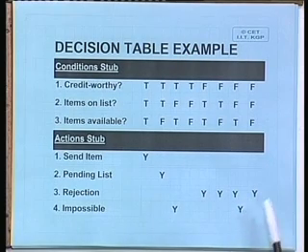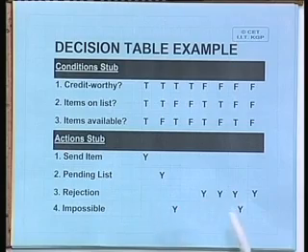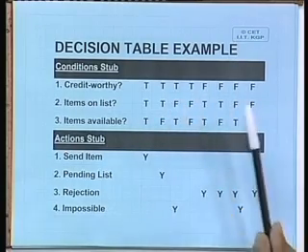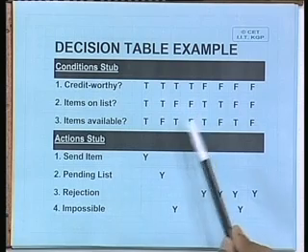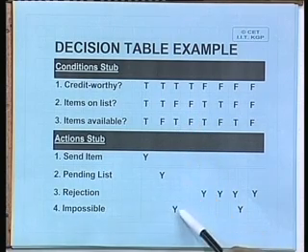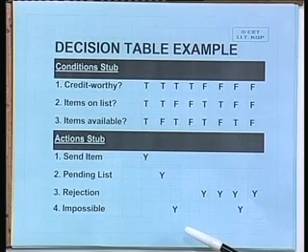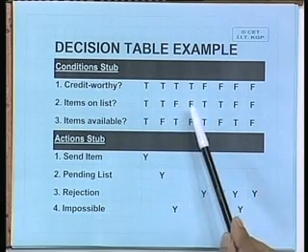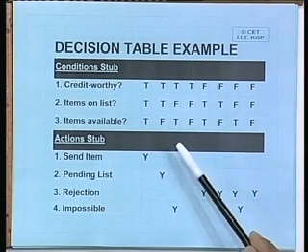Actually this has not come correctly. Actually what has happened, credit worthy true and items on list false and items available true. This actually is an impossible condition, because the item is not on the list, but how can it be available?